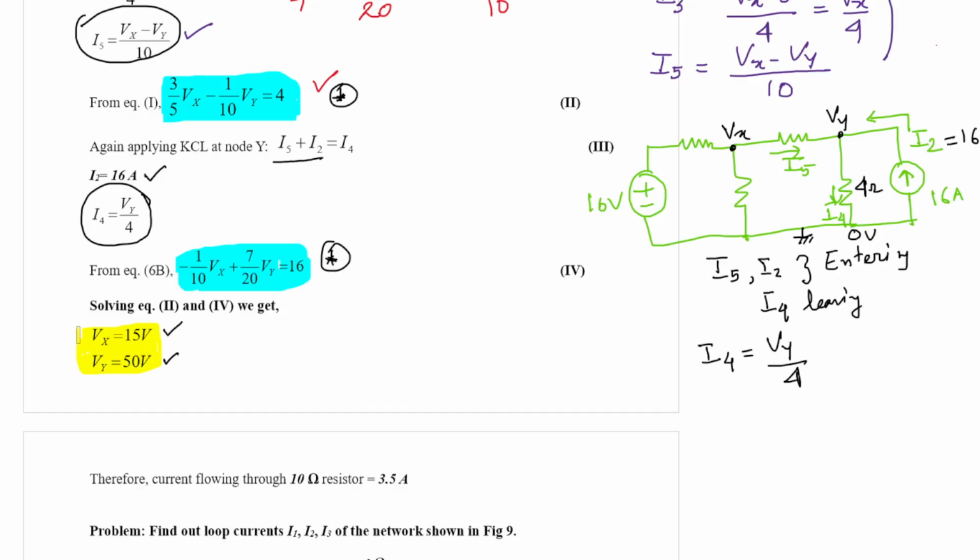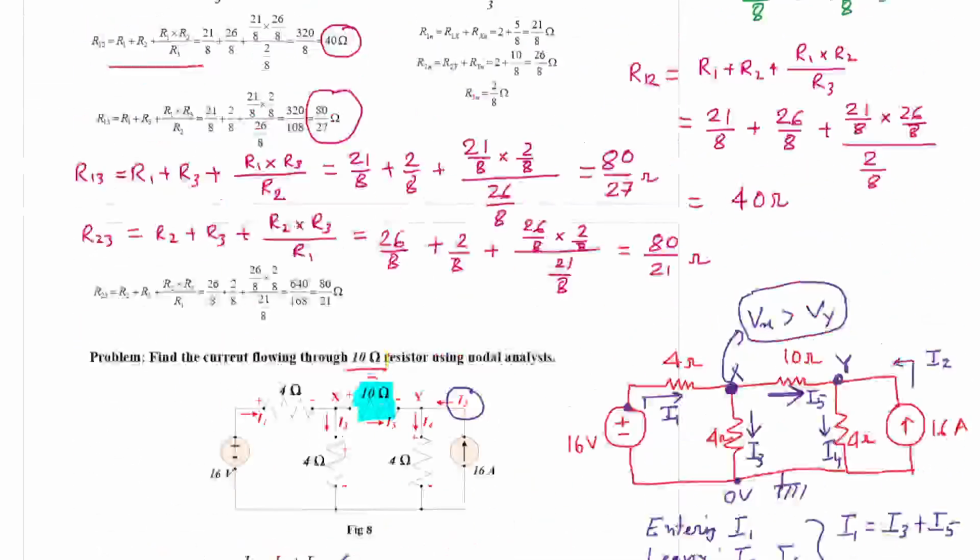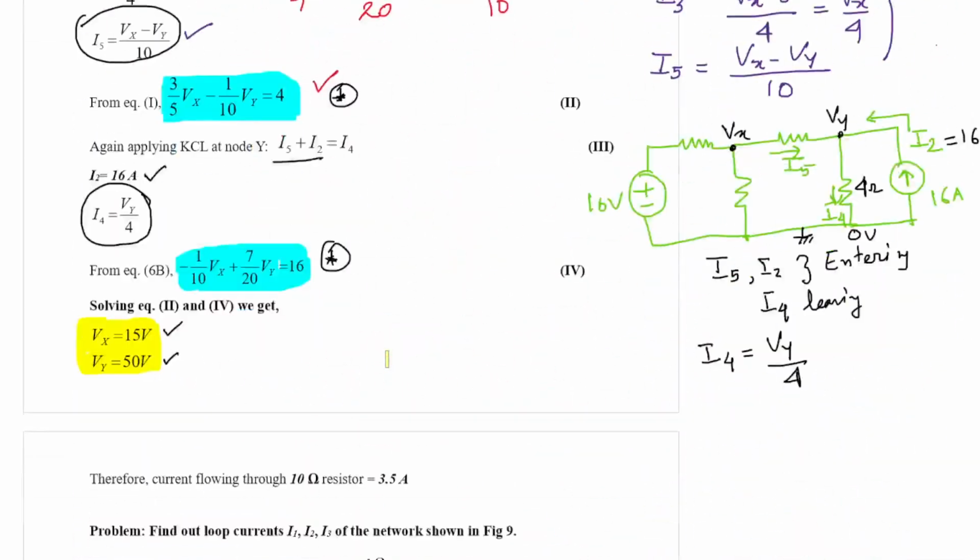Now before explaining, I want to clarify something. Let us say we have a resistance, and we have assumed one current direction as per our choice.